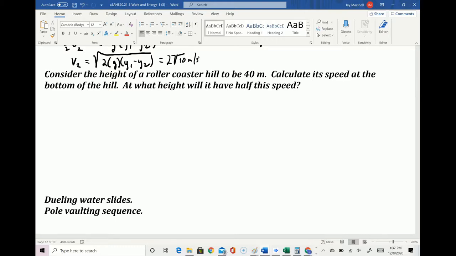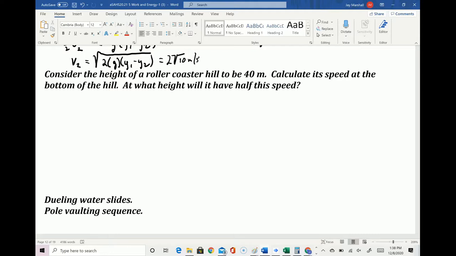We don't have to write out kinetic energy plus potential energy equals kinetic energy plus potential energy. At the top of a roller coaster, it hasn't told us that it's moving with any velocity, so we're going to assume that it's not moving at all at the top of the hill. It's going to start with a velocity of 0.